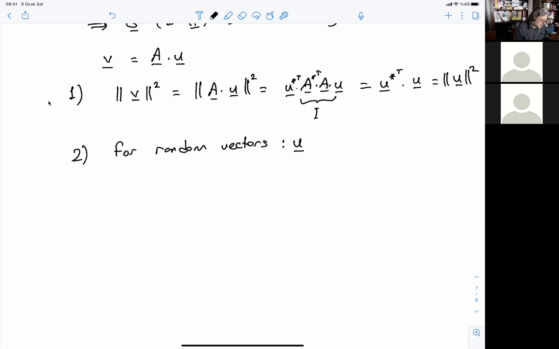I will have to define a few things. First of all, the norm I have to define, the square norm. This is a definition, okay? It is the expected value of U conjugate transpose U. So for random signals, we have to use the expectation operator.